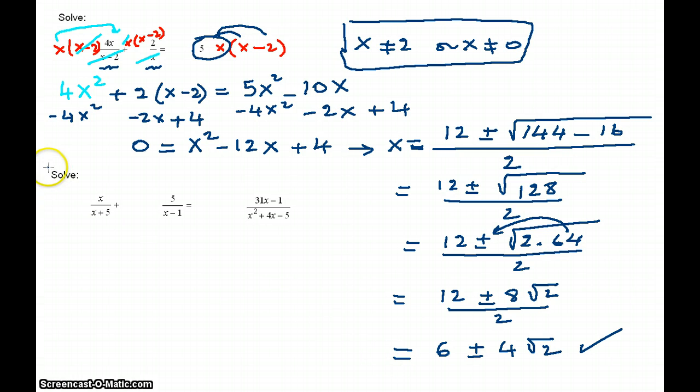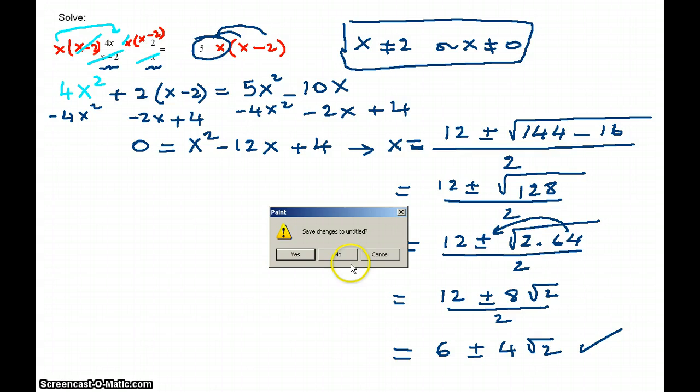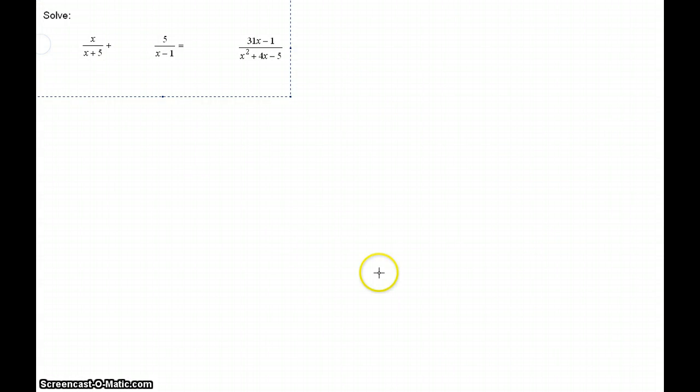Okay, let me try to solve the second one here. I'm going to go to a new page. This way I can use the whole page. Let's work this problem now. Again, we need to simplify the fractions first.